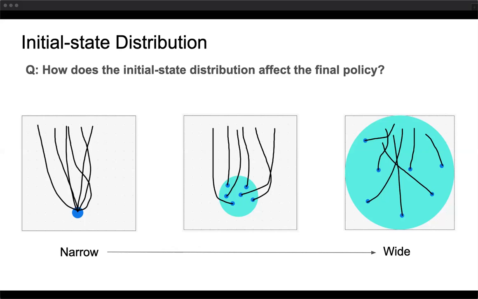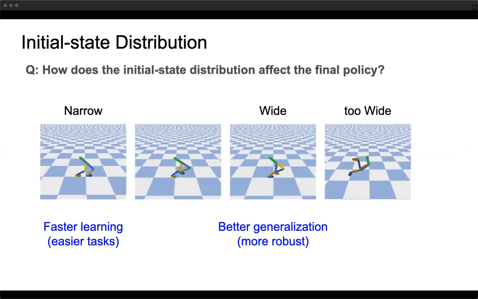What happens when we change this initial state distribution so that we make it larger and so that the trajectories don't always start from the same place, and basically the RL agent is always placed in a different position in the state space? Well, the results are very interesting.